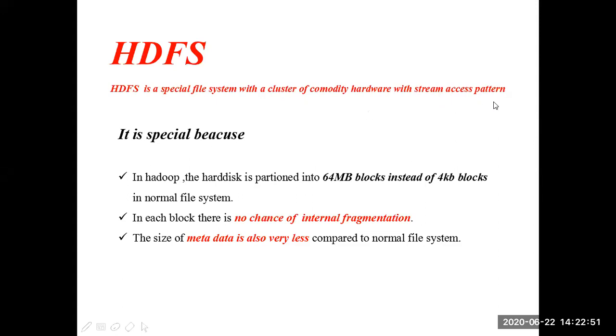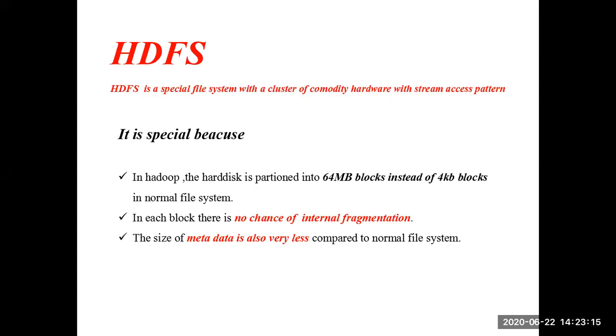With the stream access pattern, the meaning is: write once to Hadoop, read any number of times, but don't try to change the file. The main theme of this stream access pattern is write once.